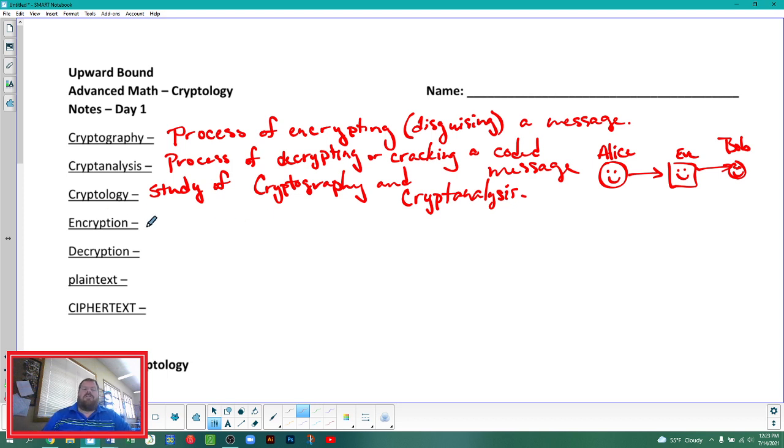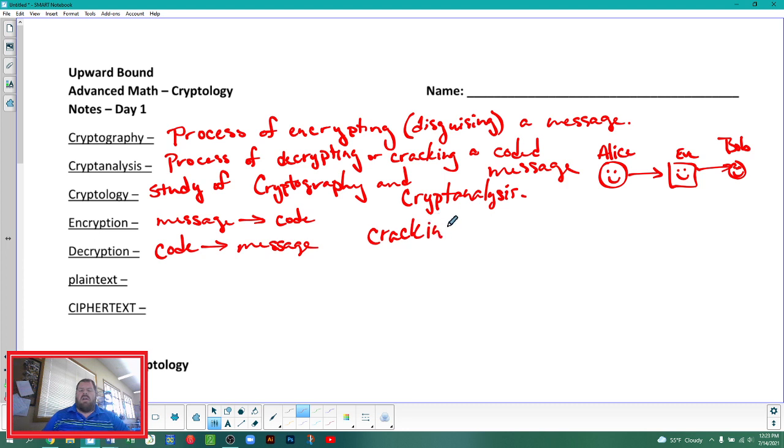Encryption is going from a straightforward message, from a message into a code, a coded message. Decryption is, and the idea is we would know how to do this because it's decrypting from the code to the message. And then what I don't have on here is what we call cracking.